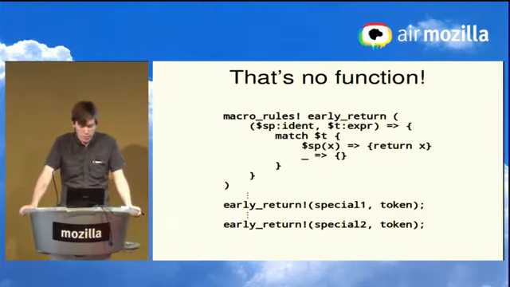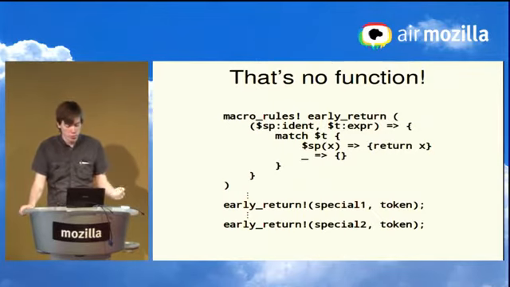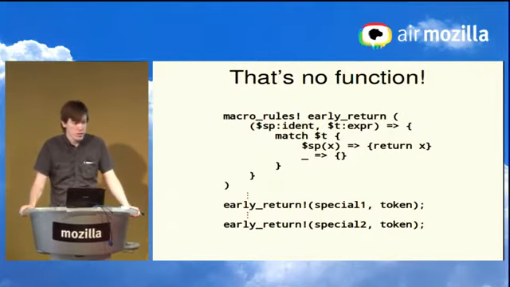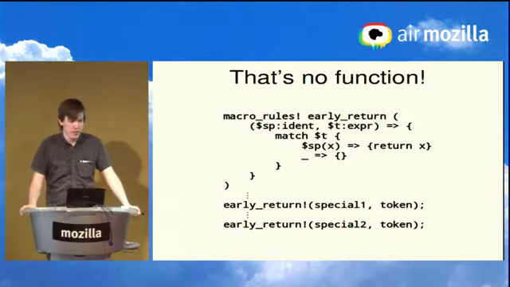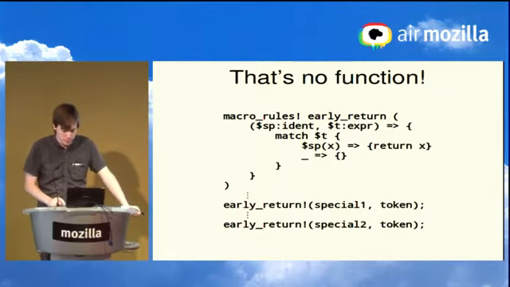So you can write this early return macro, give it the identifier that you want it to unwrap, and it will return from the function that you actually intend to return from, because it hasn't wrapped an extra function which changes the meaning of return around everything.